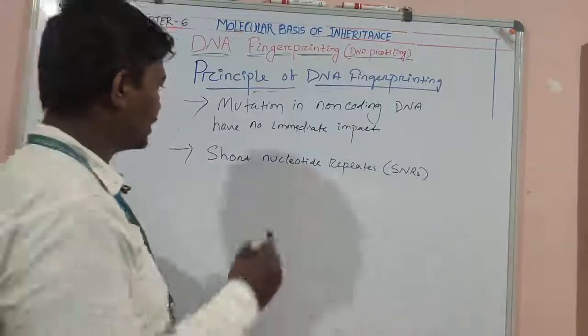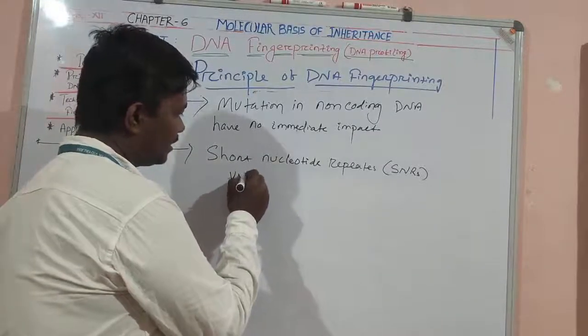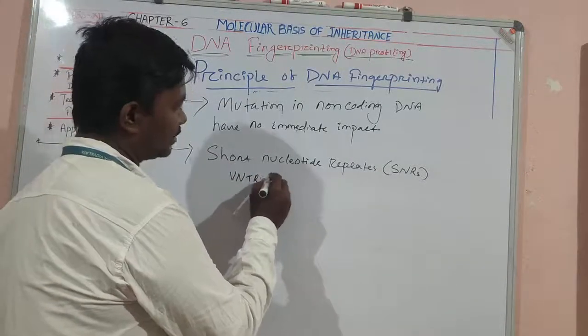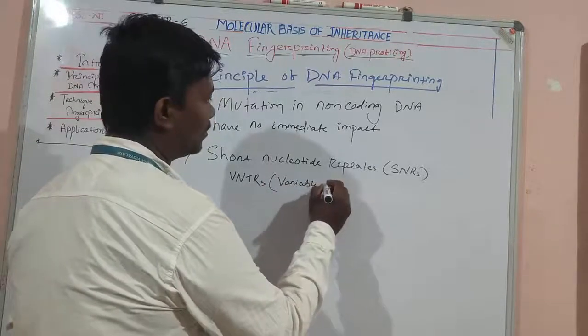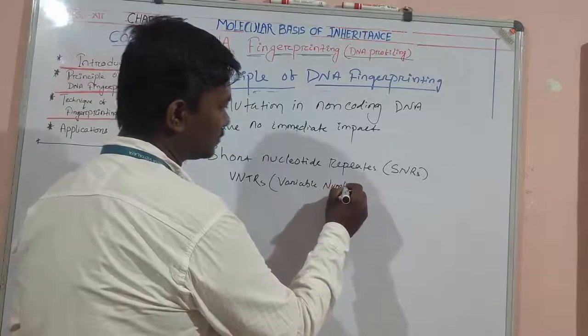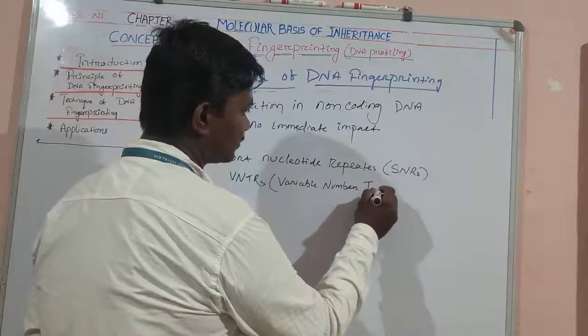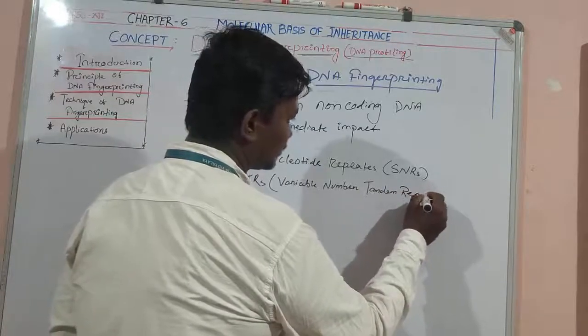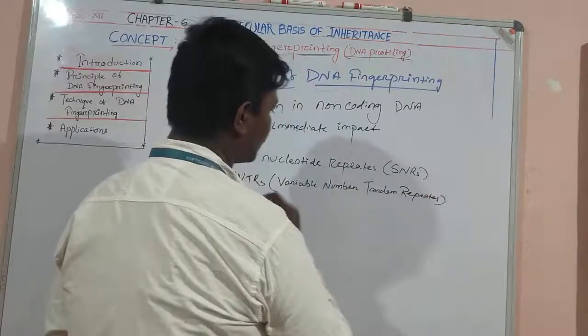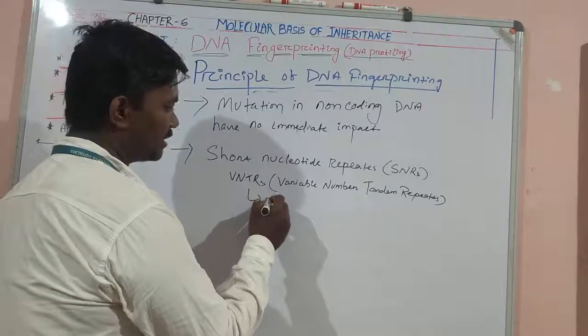It is also called VNTR, variable number tandem repeats, also called minisatellite.